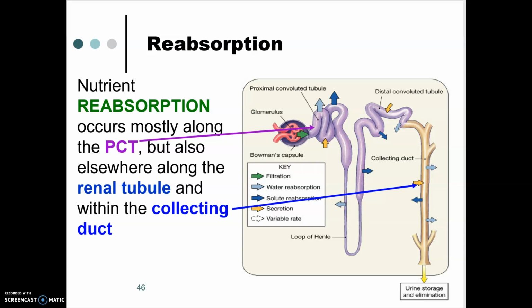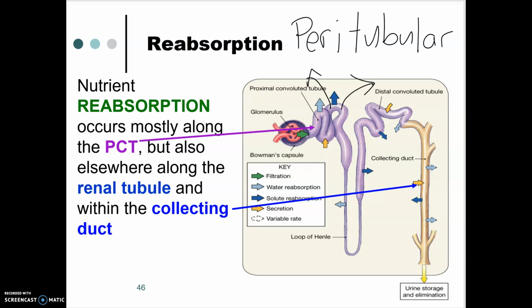When I say reabsorption, I'm talking about taking stuff from the filtrate and adding it back into the interstitial fluid that surrounds the nephron, which you'll very often find called the peritubular fluid. Peri just means around, and tubule means tubule, obviously. So when we reabsorb stuff, we take it out of the filtrate, which is inside the nephron, and we put it into the peritubular fluid that surrounds the nephron. So try and remember that.